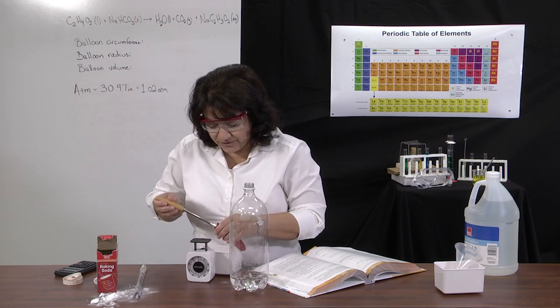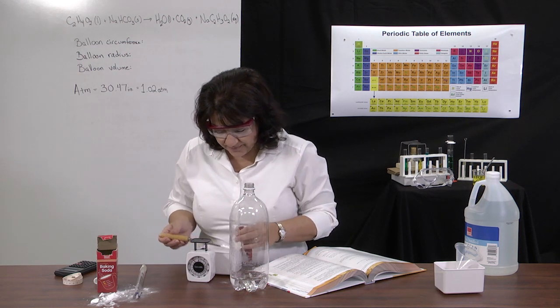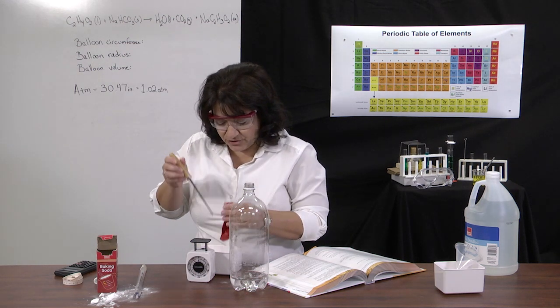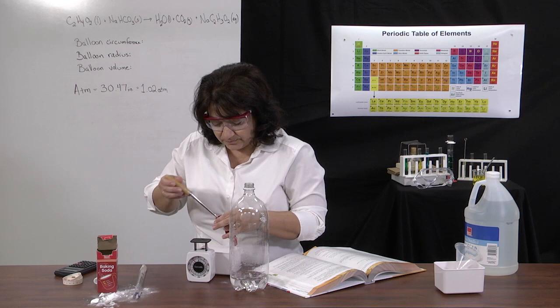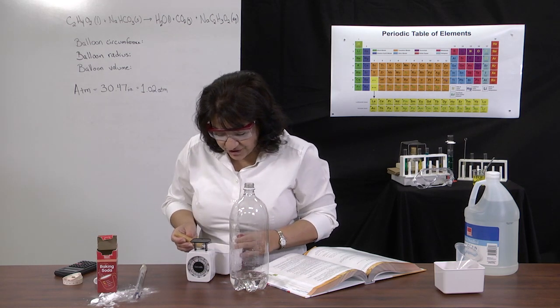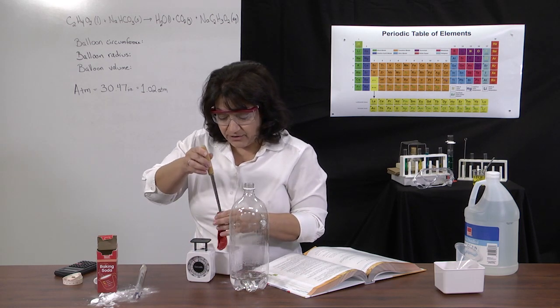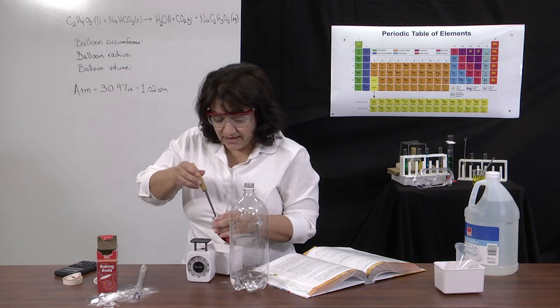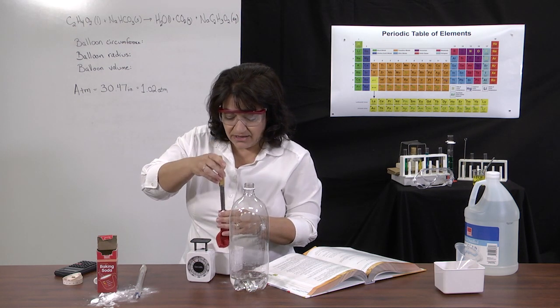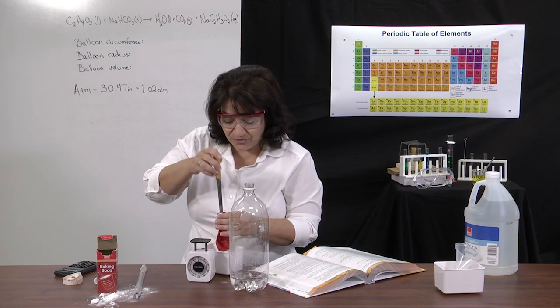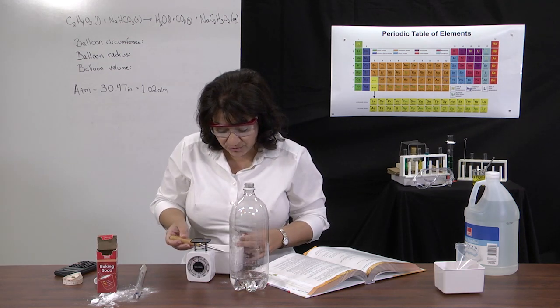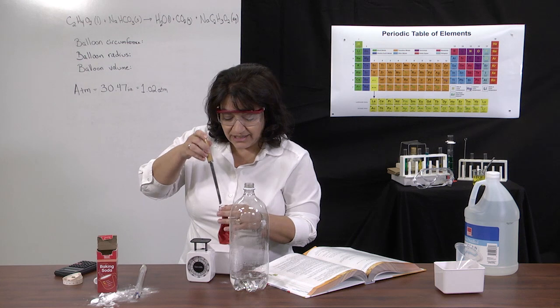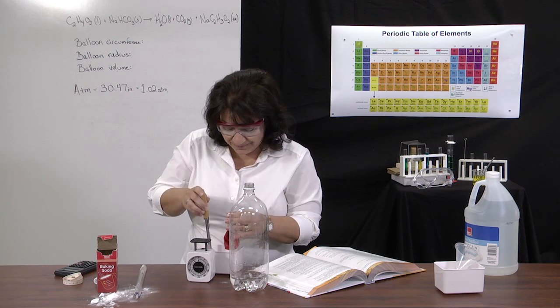And then I'm going to transfer the baking soda into my balloon. It's actually good to measure out a little more than the 30 grams because you can see this is not super precise. Some of the baking soda might not make it into the balloon. So if you do a little bit more than 30 grams, you know that you're going to get at least that much in your balloon.